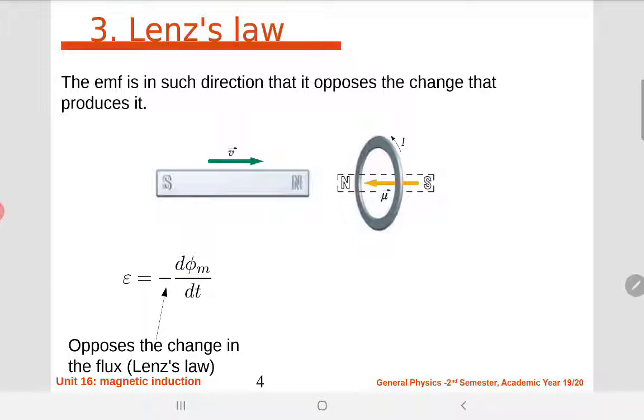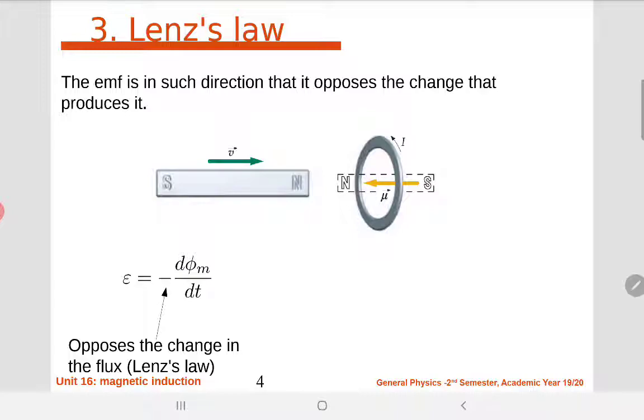In this case, as we are approaching the north pole and the magnetic field pointing towards the right is going to increase, the induced current in the ring must generate a magnetic field that goes towards the left.